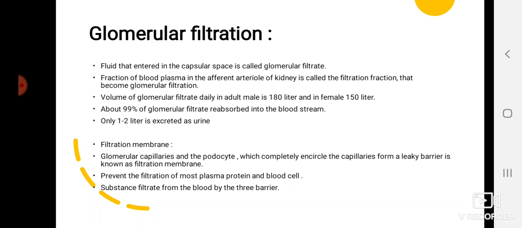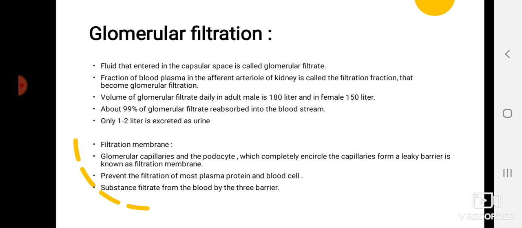Here we deal with the filtration membrane. The glomerular capillary and the podocytes, which completely encircle the capillaries, form a leaky barrier known as the filtration membrane.